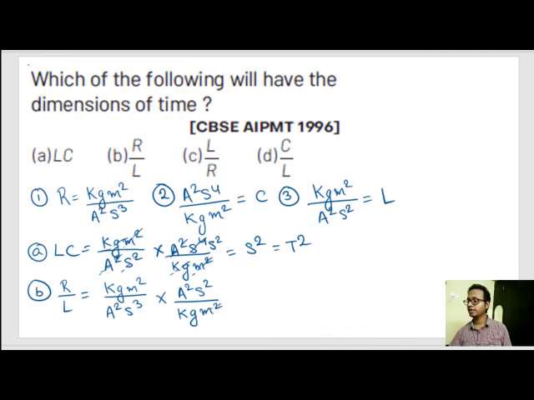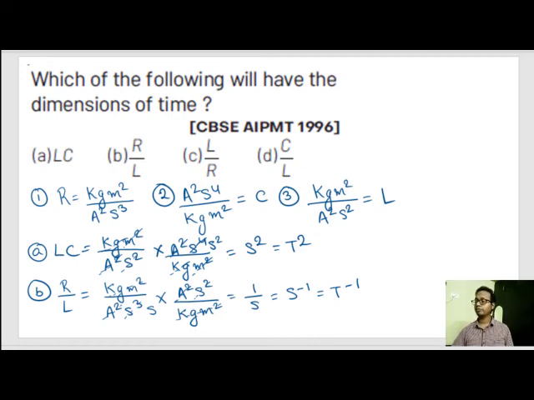The kg meter square and kg meter square get cut, the ampere square and ampere square get cut, and the seconds and s cube get cut, leaving 1 by s, or seconds to the power minus 1, or time to the power minus 1.